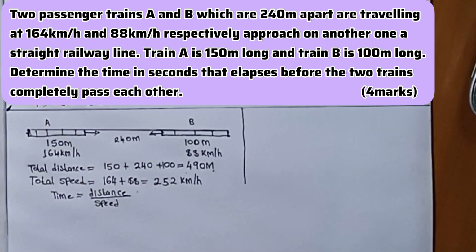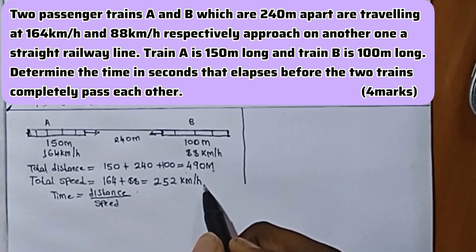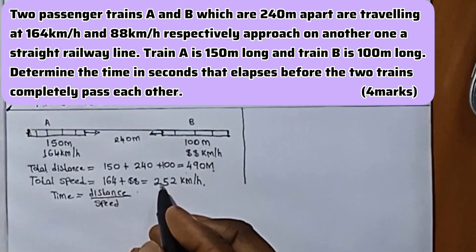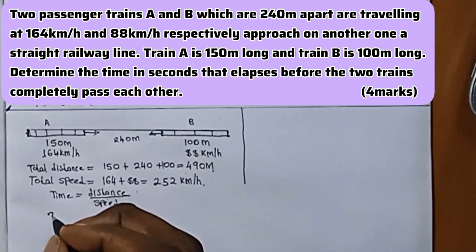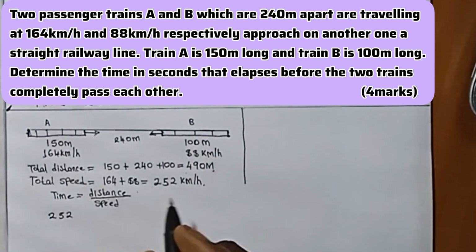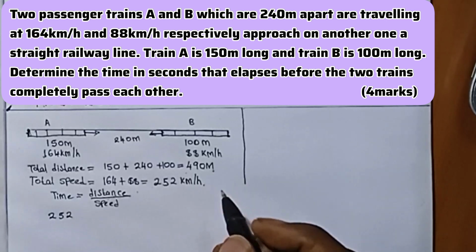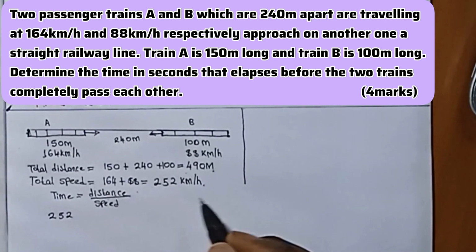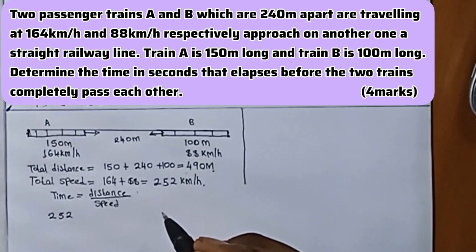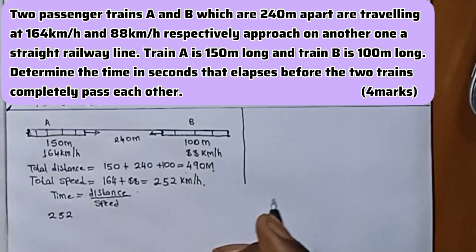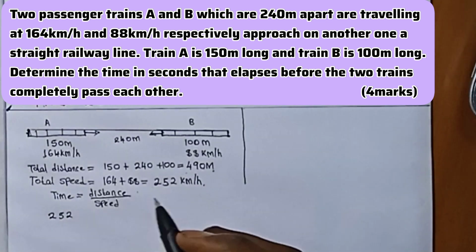So let us first convert this to meters per second. We can just multiply 252 by 5 over 18, or 1000 over 3600, but so that we can understand clearly, let us just do the long multiplication.